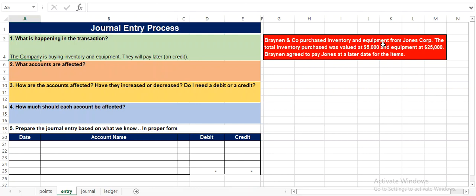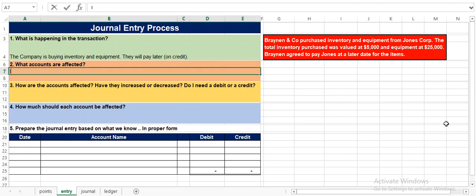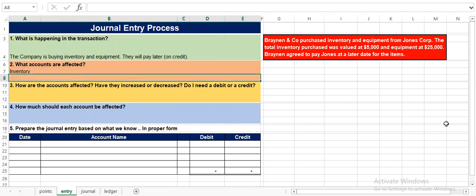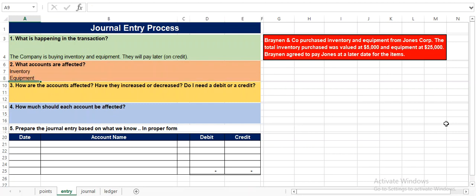If we look on our listing, you can have an inventory account, and you can create an account for equipment as well. So one of the accounts affected is going to be inventory and the next one is going to be equipment. So the company is receiving inventory and equipment because they're purchasing it.